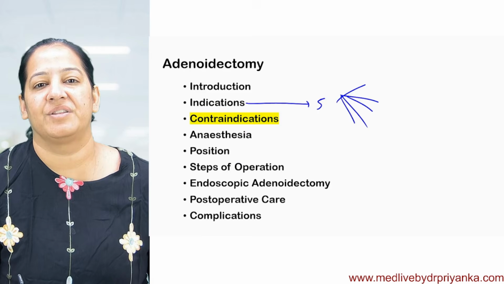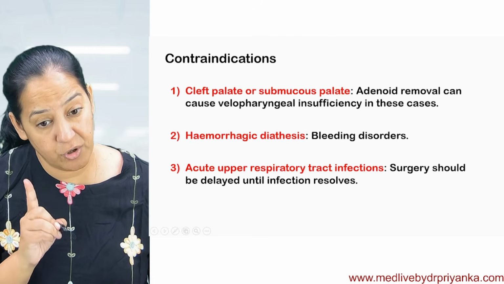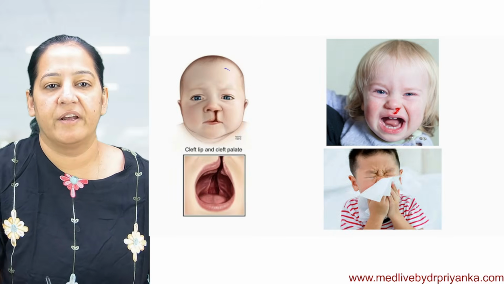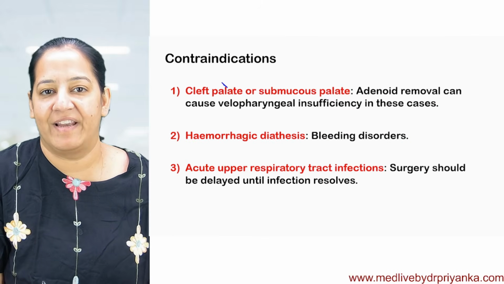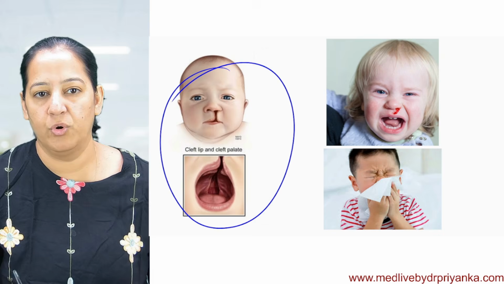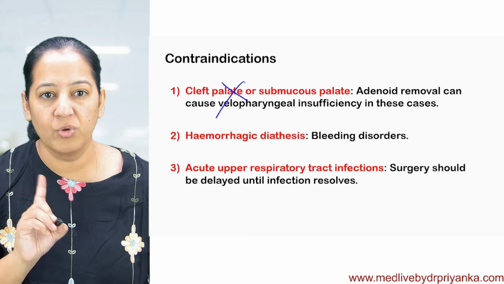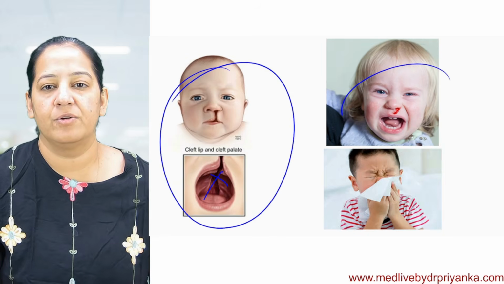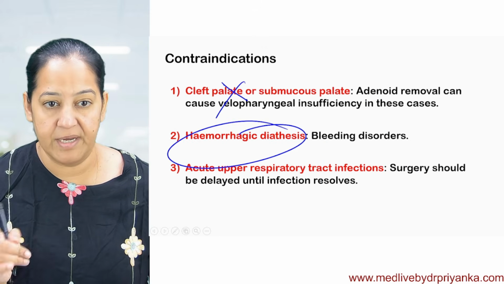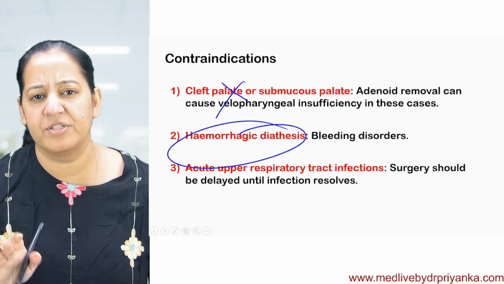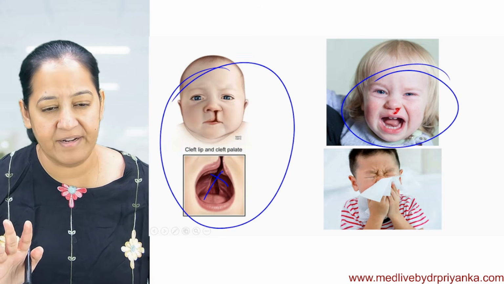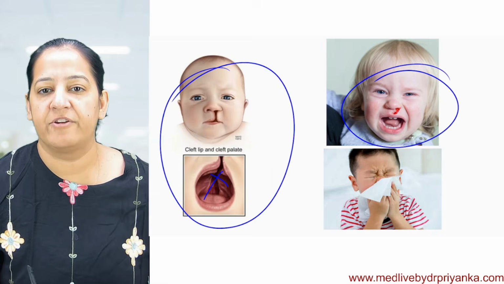Now learn the contraindications. There are 3 contraindications. They should also be at the tip of your tongue. Don't do it if the child has cleft palate. Second, hemorrhagic diathesis, like hemophilia or von Willebrand disease; chances of bleeding will increase during the surgery. And third, upper respiratory tract infection.